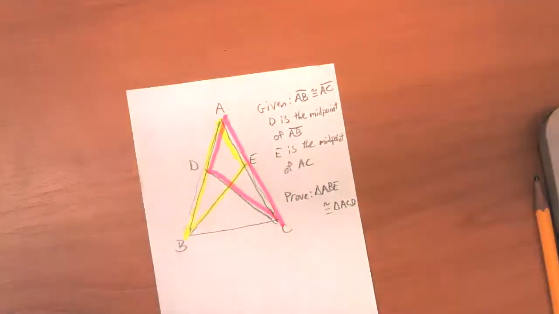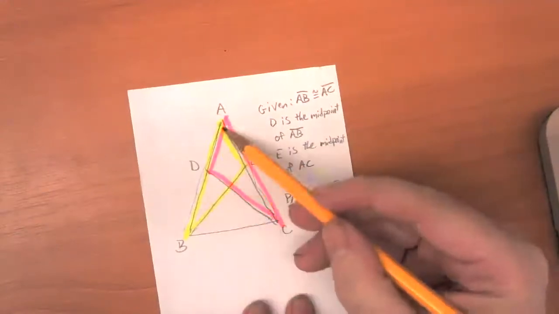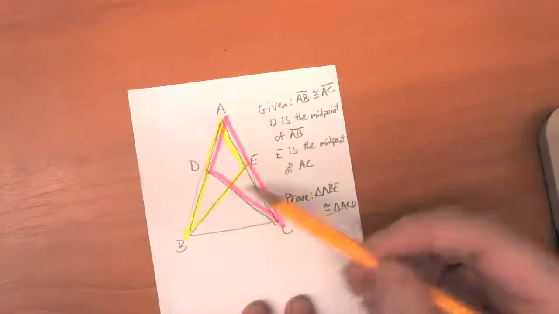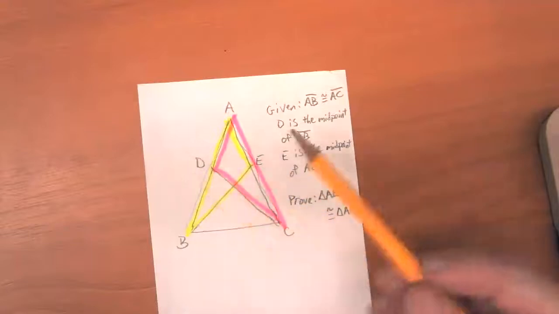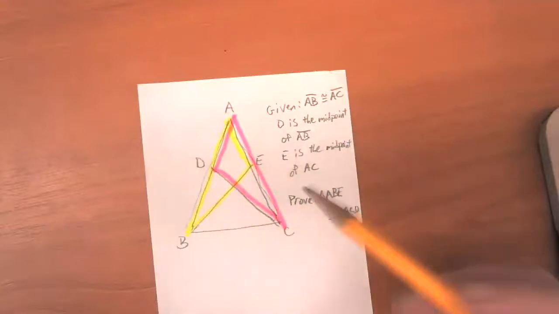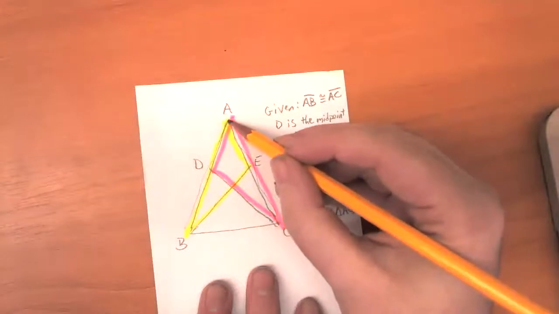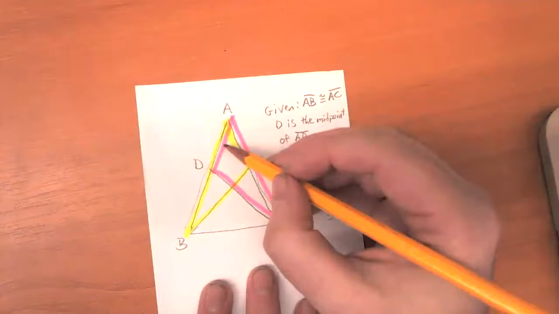All right. So let's think about what kind of evidence we have in this proof. We were told that side AB is congruent to side AC, so that's one yellow side and one pink side being congruent. We could use these midpoints to do various things, but in this case, the third piece of evidence that we're going to use is notice how angle A is in both of these triangles.